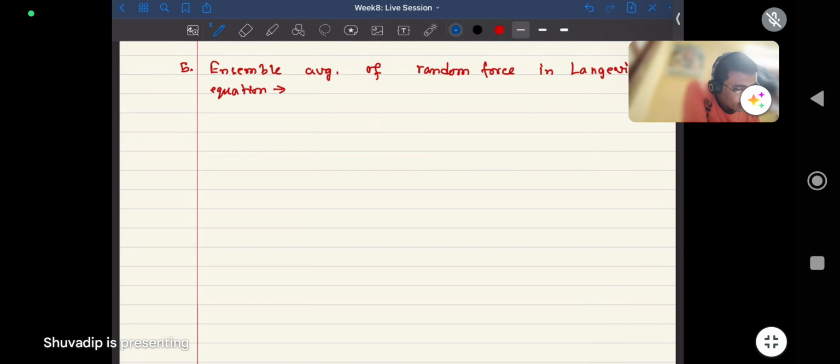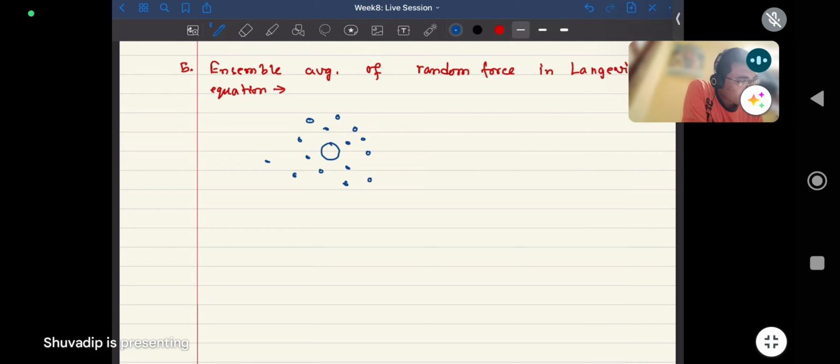So there is no preferred direction. So this is our particle, suppose, and these are the air molecules or solvent molecules. It is equally likely that it will get a thermal kick, or a random force, which we are talking about, from any possible direction.